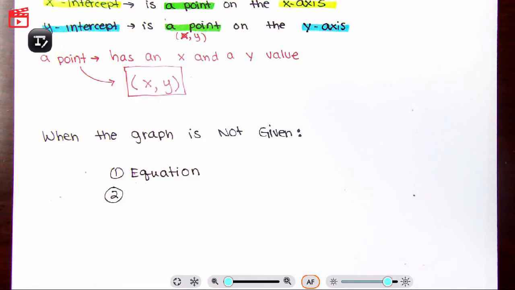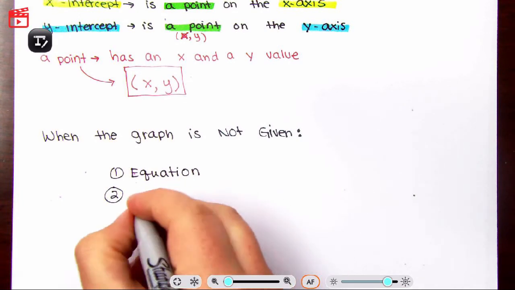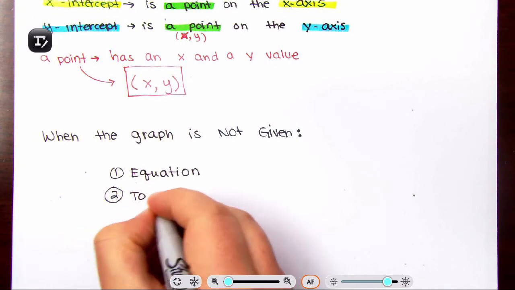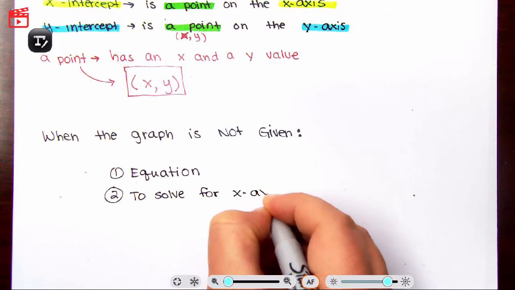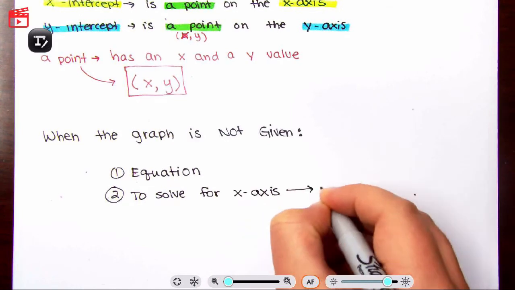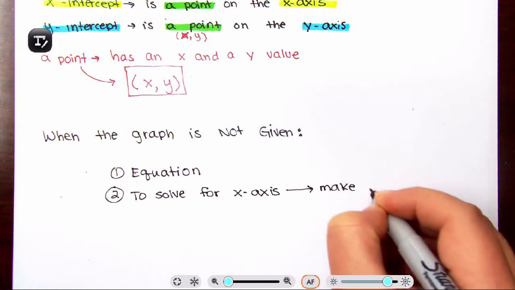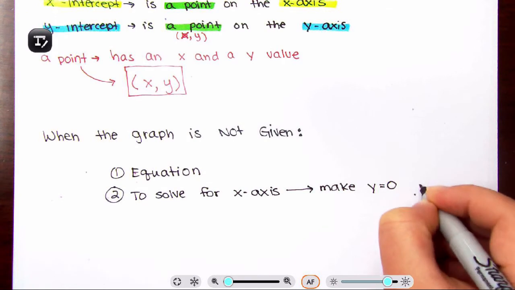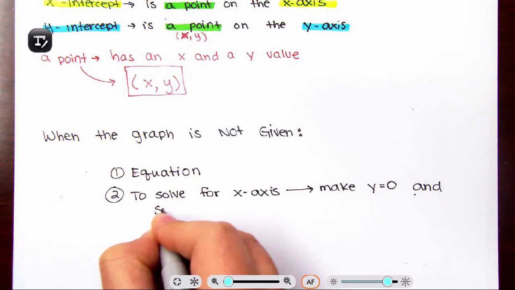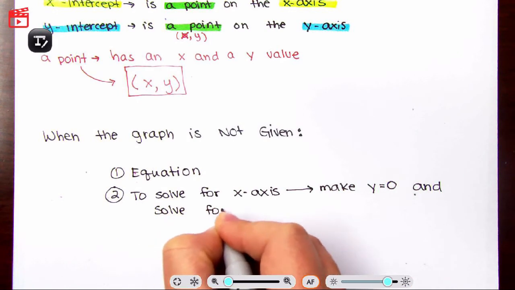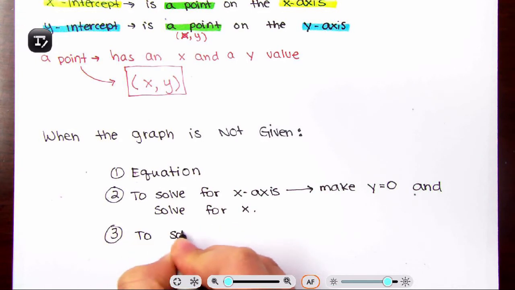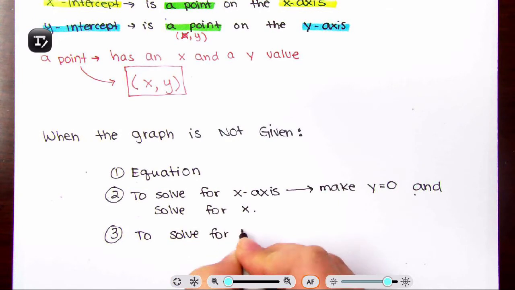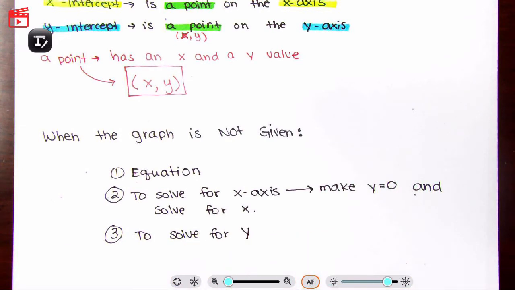Step number 1 is take that equation. Step number 2, to solve for the X-intercept, make Y equal 0 and solve for X. Step number 3, to solve for Y. Ooh, you guys see that I wrote axis?